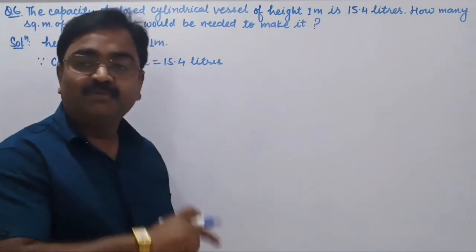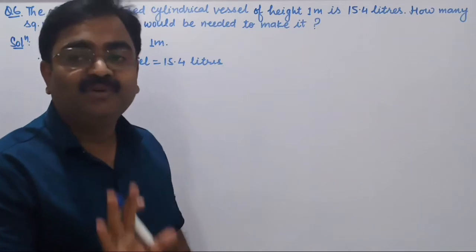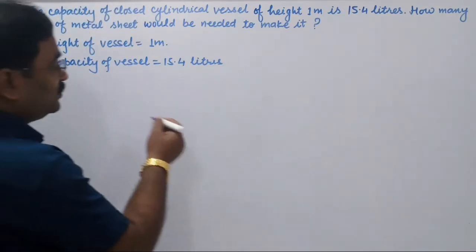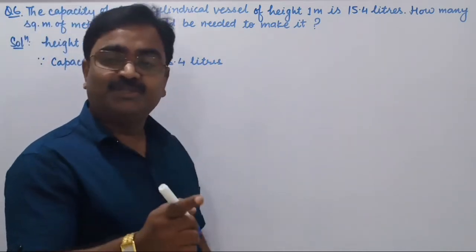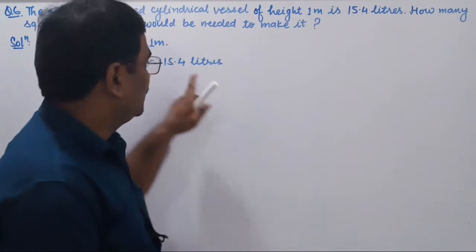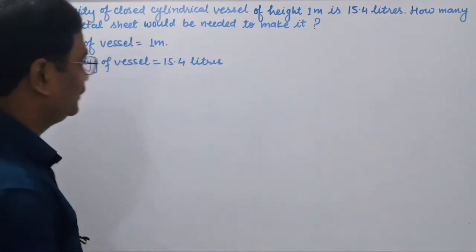So we need to convert this liter into meter cube, then you will get the volume of this cylindrical vessel. Since you know that 1 meter cube is equal to 1000 liter, we convert this liter into meter cube.